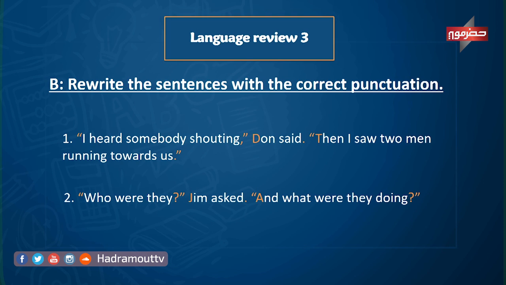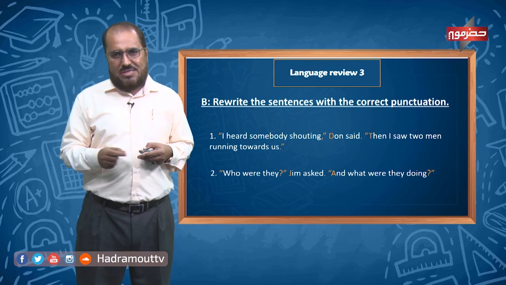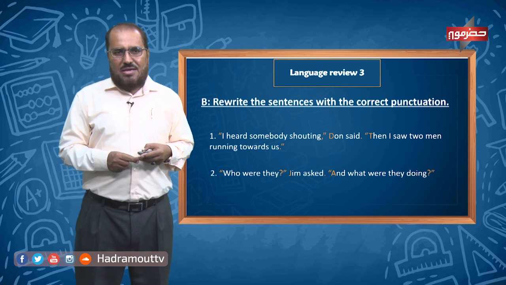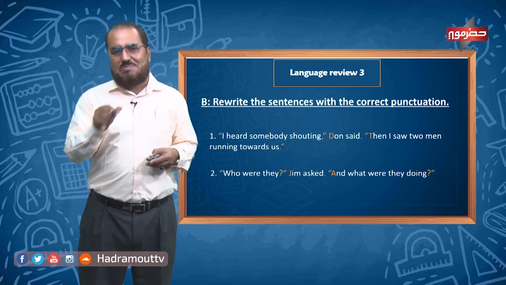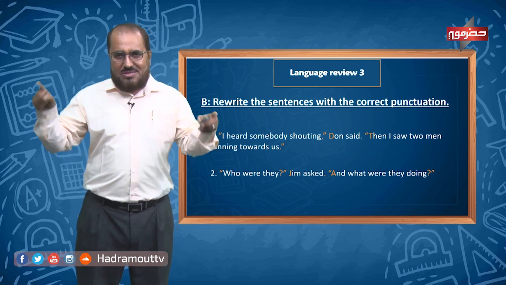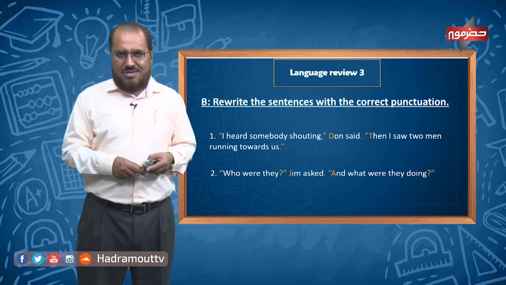Question mark, because it's a question. And this question was said by whom? By Jim, not by the writer himself. So we put it in quotation marks or speech marks. Jim asked, also capital J, because Jim is a proper noun. And what were they doing? This is a second question asked by Jim himself. So we put it in speech marks.